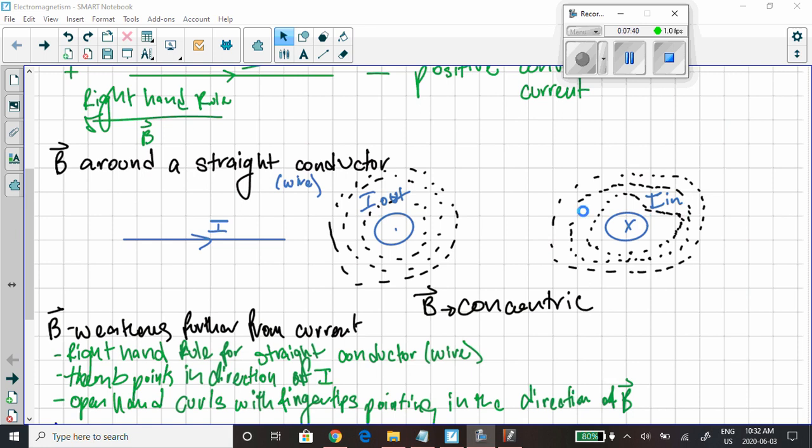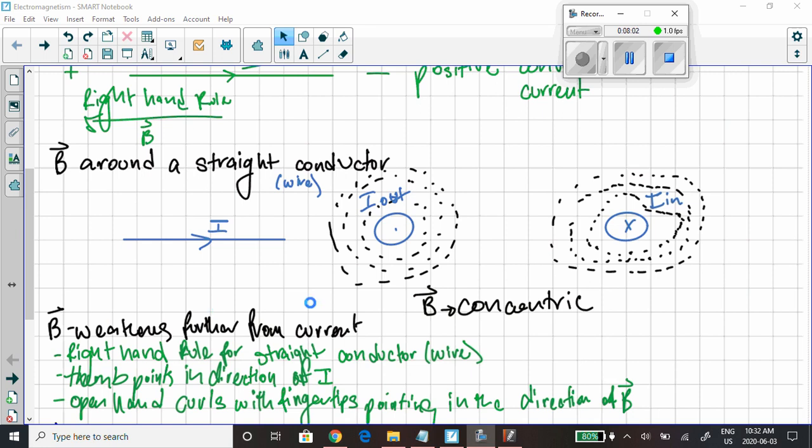And we use the right hand rule for straight conductors to figure out the direction of the magnetic field. I beg your pardon. So let's read what it says here. The magnetic field weakens further from the current.